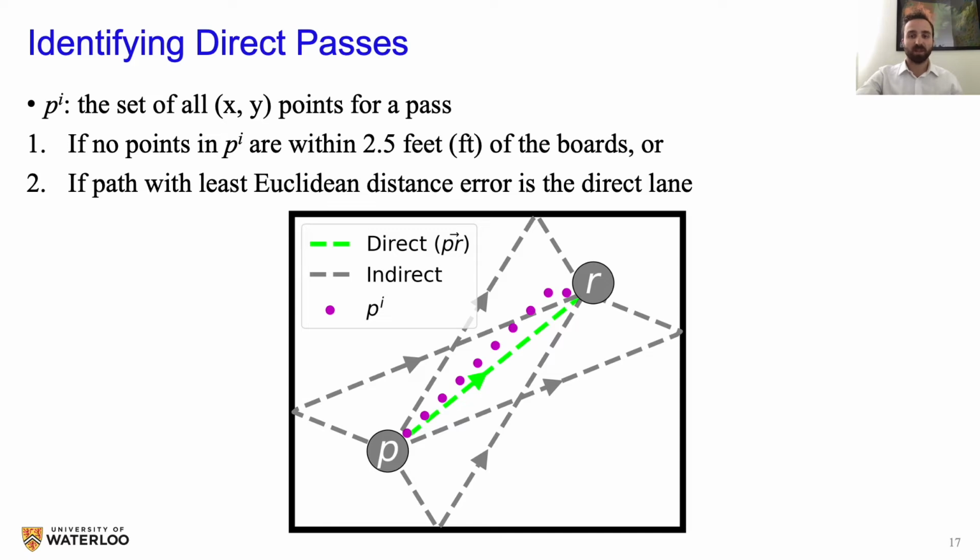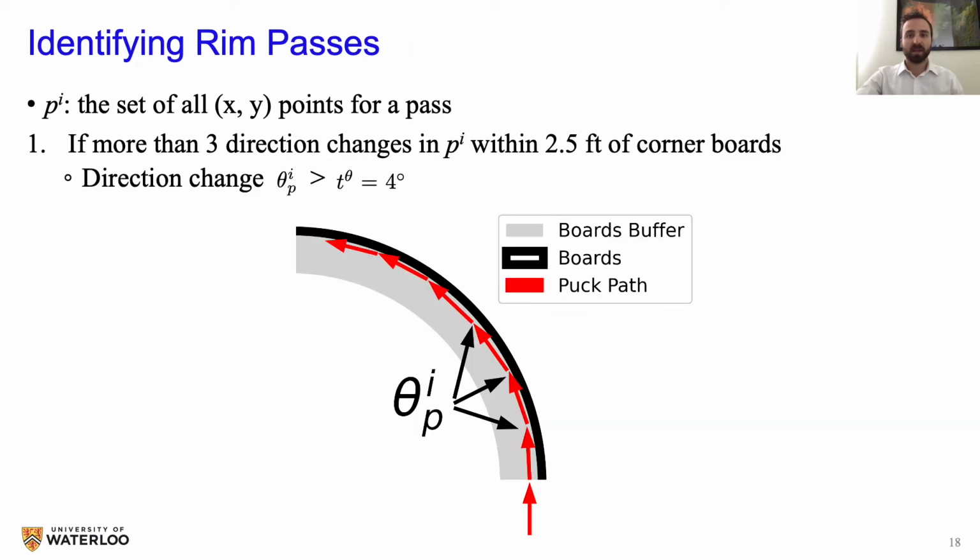If the pass with the least point-wise Euclidean distance error is the direct lane, the pass is also classified to be direct. Next, from the set of remaining passes, we classify rim passes as those with greater than 3 direction changes larger than 4 degrees close to the corner boards. We chose a threshold of 3 due to the one-bank passes described next and used the same 2.5 foot boards buffer as before.